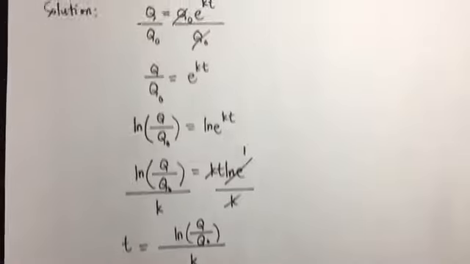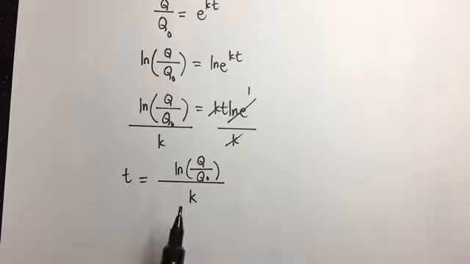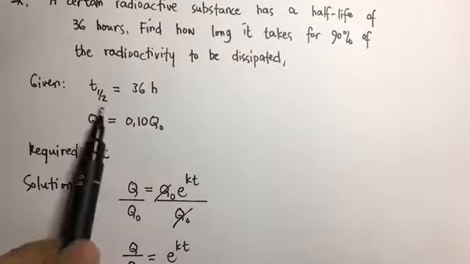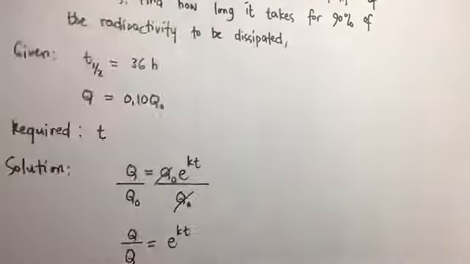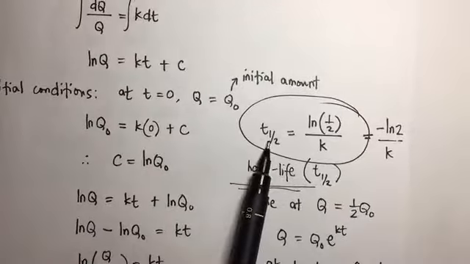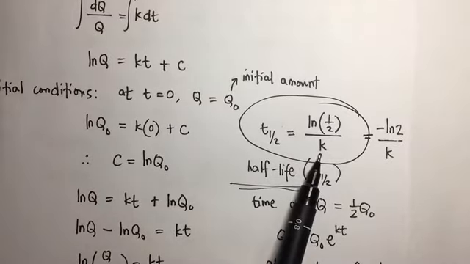However, we don't have the value for the constant k. But from the given half-life of 36 hours, we know that the half-life is equal to ln of 1/2 over k.